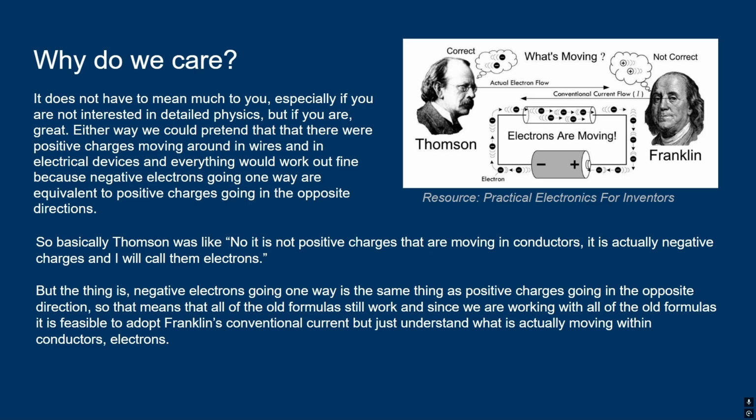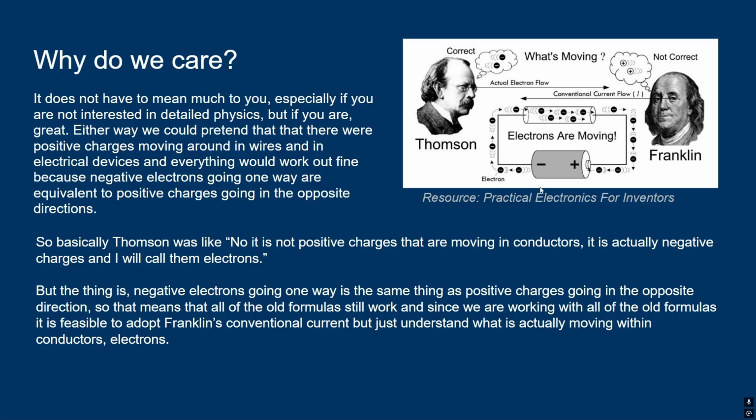It's actually negative charges, and I shall call them electrons. But the thing is, negative electrons going one way is the same thing as positive charges going in the opposite direction. So that means that all the old formulas still work. And since we are working with all of the old formulas, it's feasible to adopt Franklin's conventional current, but just understand what's actually moving within the conductors: electrons.